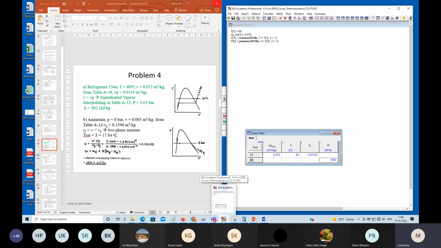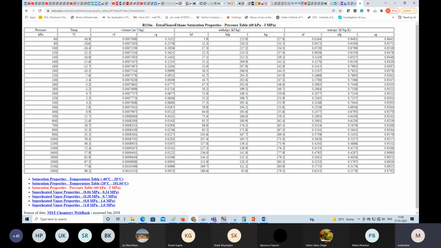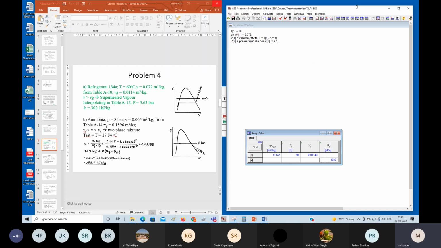So we have to depend upon the table only, I think so over here. Otherwise, it would be difficult. Okay, so I'll see about problem number 4 and then I'll let you know, because here we have only one property.